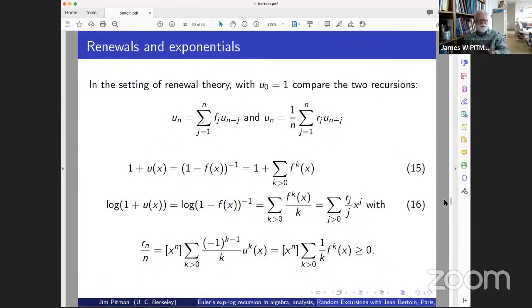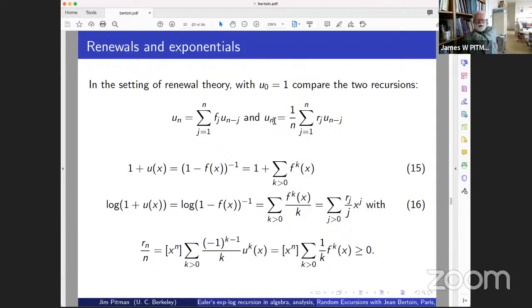Now, the connection between renewals and exponentials gets a little trickier. In the setting of renewal theory, the most familiar recursion to most people is this one that says that the renewal probability is related in a recursive way to the first renewal probabilities, f_j. So this is a Feller-style renewal recursion.